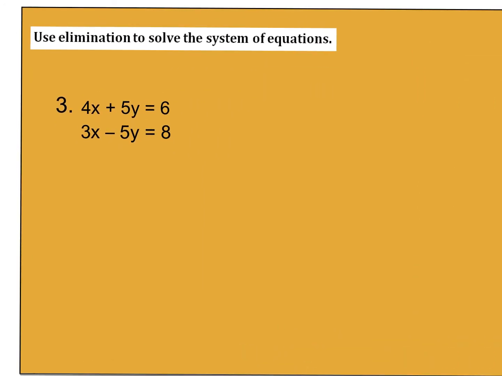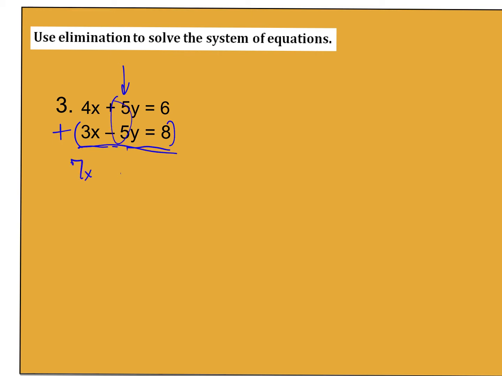So here, I am looking around. Right now I notice I've got a plus 5 and a minus 5, so I don't have to do any manipulating. I don't have to multiply anything by anything, so I'm good in this situation. What I want to do here is just straight up add those two. So I end up with 7x.